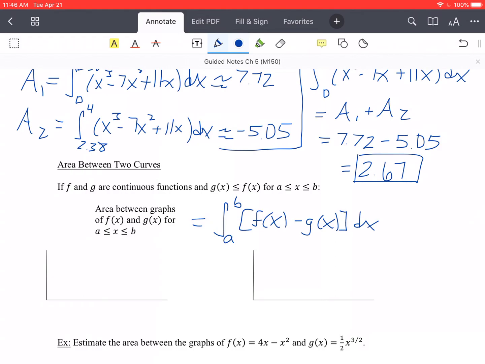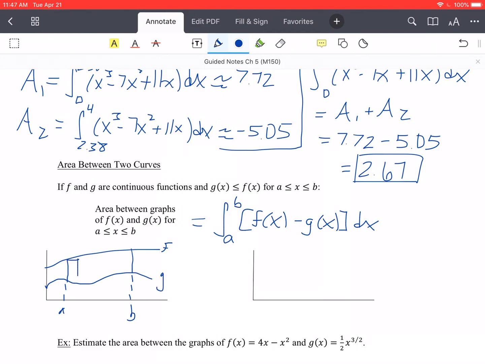So, for example, if we have our curves here, let me get a rough sketch of some curves. Something like this. Here's A. Here's B. What we would be doing with our rectangular approximations, this time instead of just going from the x-axis up to f, now it's going between f and g.